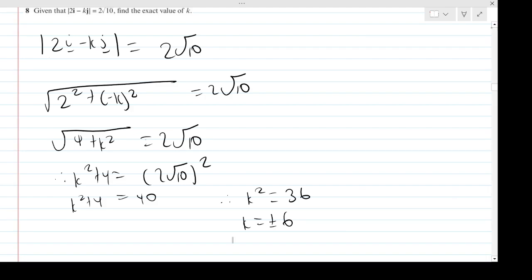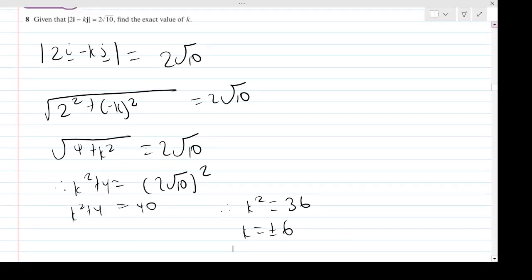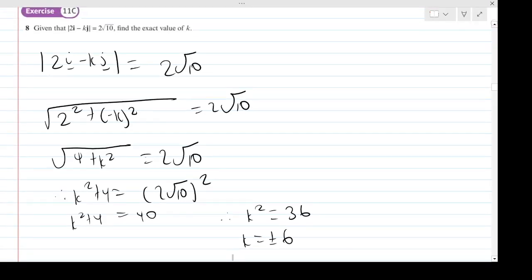Obviously, I should check the question to see if I can eliminate if it's plus or minus 6. They've not specified anything about k, and actually I did check the answer to the question, and that is correct. But the question from the textbook is a bit funny. Some of the questions from the textbook aren't worded the greatest, so some of them are a bit incorrect. So there are 2 values, right?